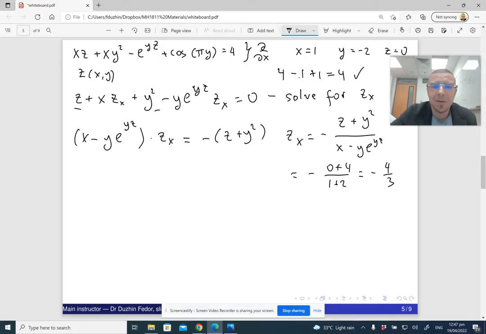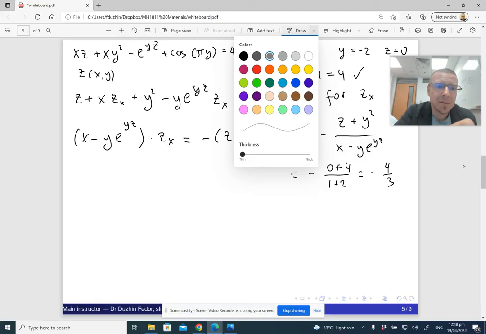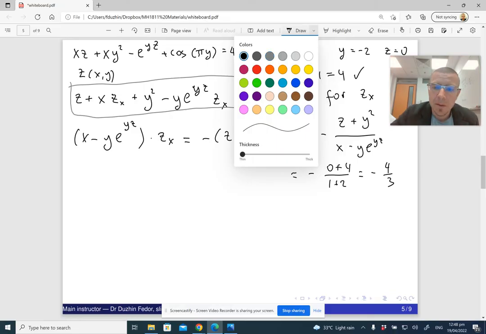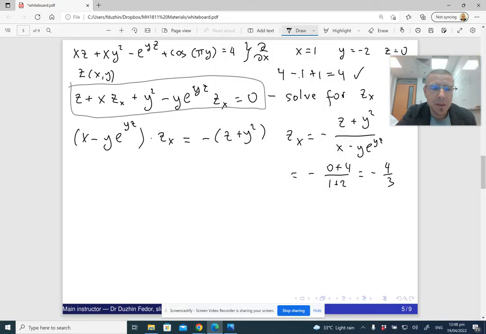Okay. Now, how do we find the second partial derivative of z with respect to x? Well, we just have to look at this equation again. We've got to differentiate it one more time. So now I'm going to differentiate this equation one more time. The derivative of z with respect to x is just z_x plus, now x times z_x is the product, so I've got to differentiate it by the product rule.